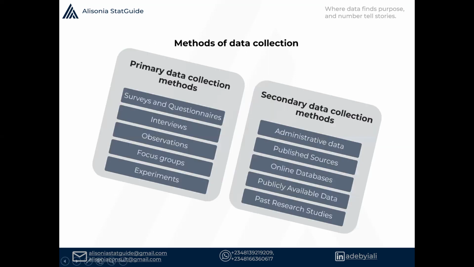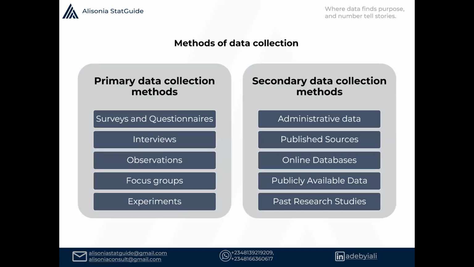For this method of data collection, if you are collecting primary data, we have surveys and questionnaires, interviews, observations, focus groups, and experiments. Surveys and questionnaires are a list of defined questions on printed paper to achieve the purpose of the work we are studying.